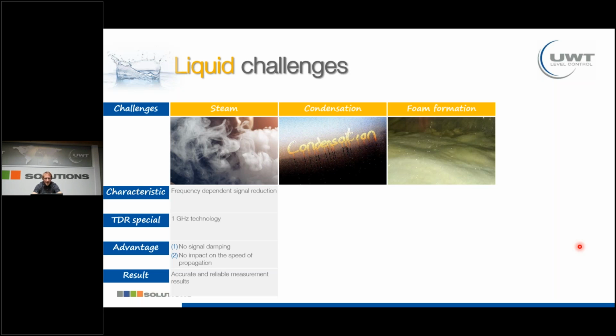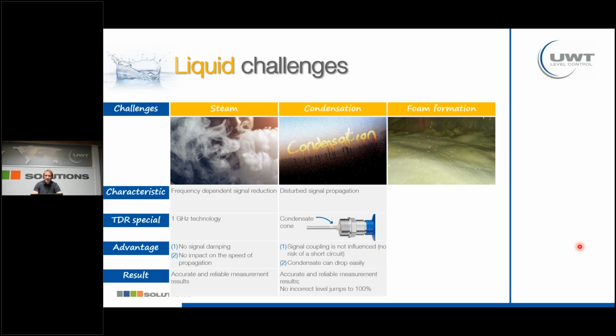Steam may dampen the signal, but due to the low frequency, we have low dampening, and we always get a good signal back from the medium. The dampening is quite weak, and we do not have any impact on the speed of propagation. So the measurement will stay accurate even in steamy applications.